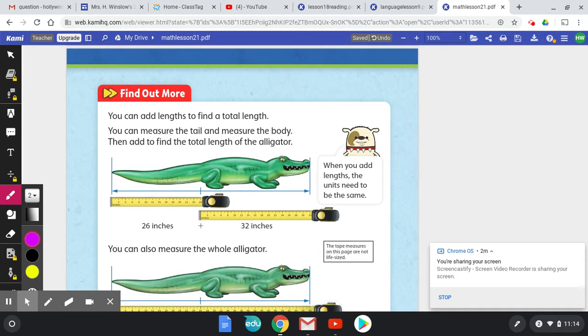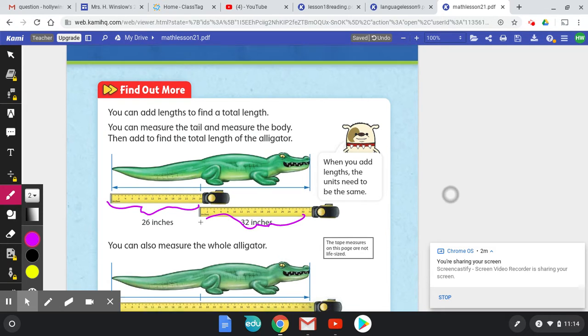You can add lengths to find a total length. You can measure the tail and measure the body and then add to find the total length of the alligator. So what they did here was they have the measurement here. That is the tail. The tail they measured from here to here was 26 inches. Then they measured the body, which was from here to here. That was 32 inches.